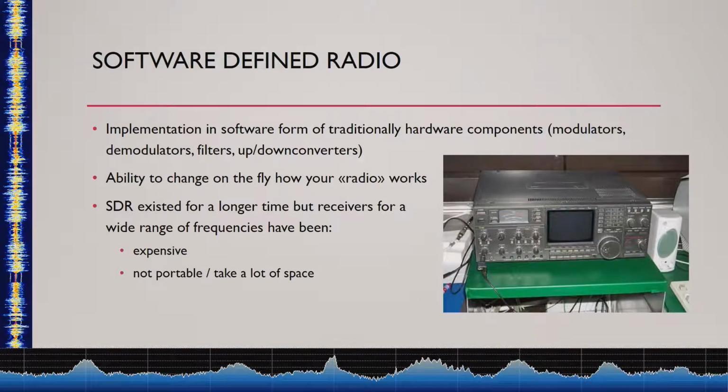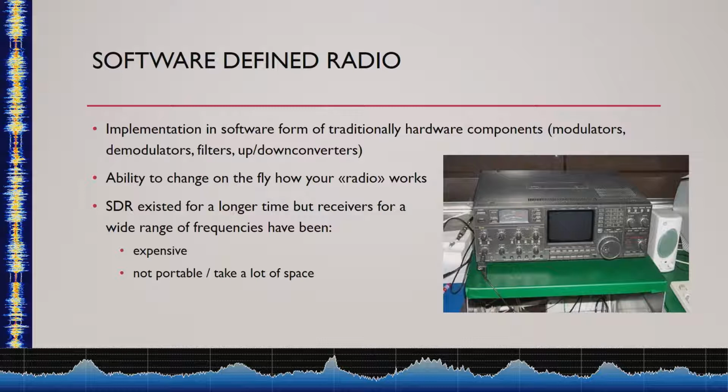So what is a software-defined radio? In a traditional radio, all the components are traditionally made in a hardware fashion. And so the modulators, filters, they are all small hardware components.